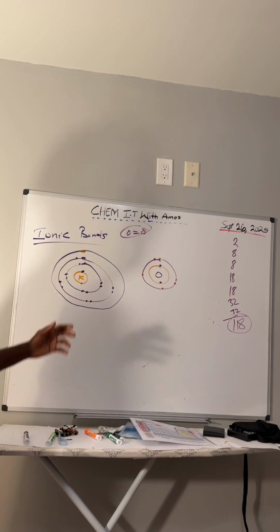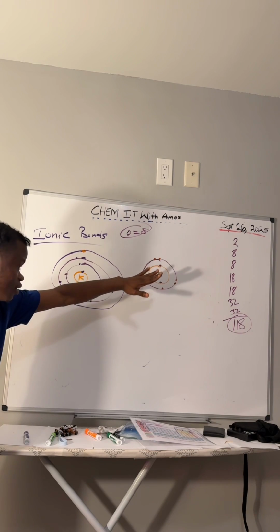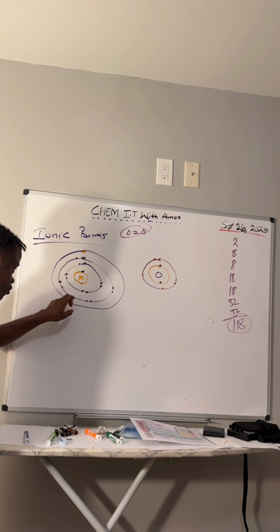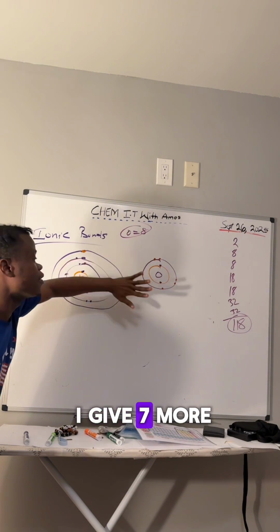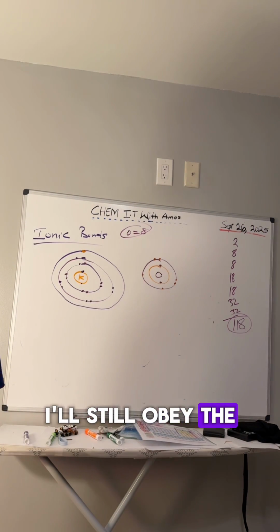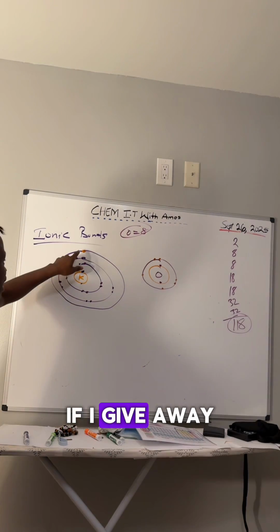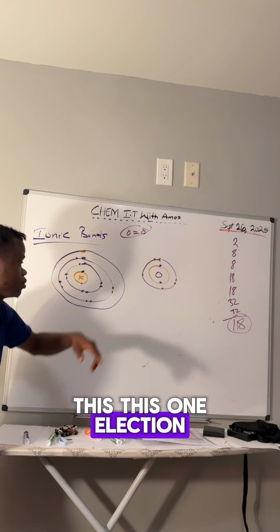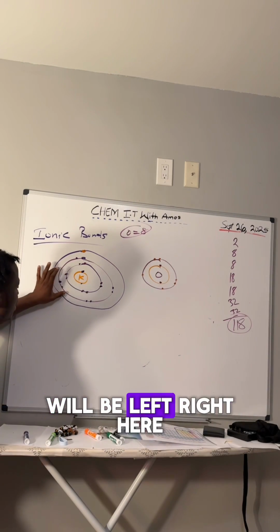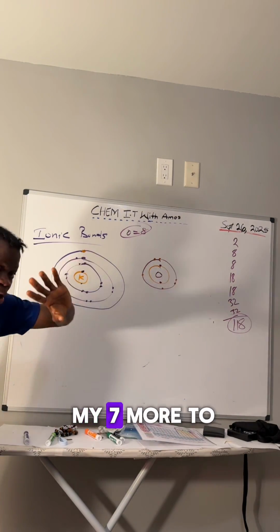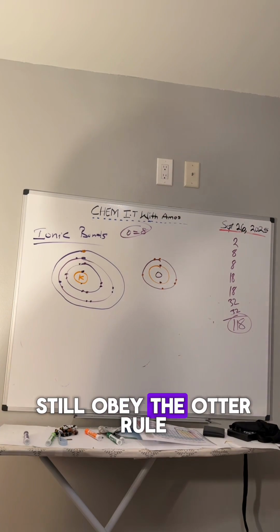If I give away the 1 electron, I will obey the octet rule because 8 will be left right here. And if I gain 7 more to make it 8, I'll still obey the octet rule.